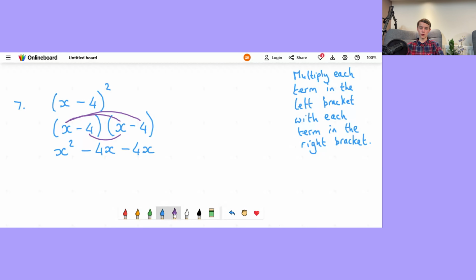Then the minus 4 times the minus 4 to create plus 16. Because a minus times a minus, believe it or not, is a plus. Now you can still simplify this, so the actual answer is x squared minus 8x plus 16.